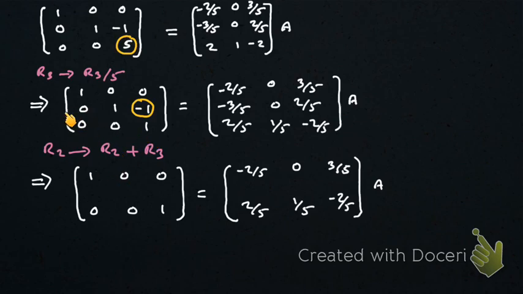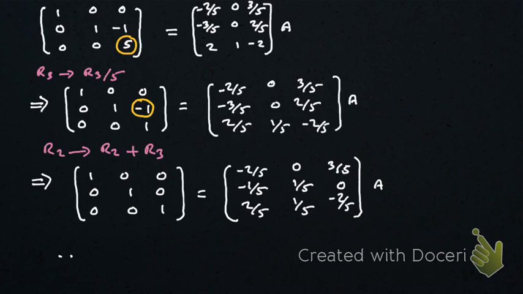So what do I get? 0 plus 0 is 0, 0 plus 1 is 1, and minus 1 plus 1 is 0. So I get 0, 1, 0. On the right side, minus 3 by 5 plus 2 by 5, which will be minus 1 by 5. 0 plus 1 by 5, which is 1 by 5. And 2 by 5 plus minus 2 by 5 is 0.